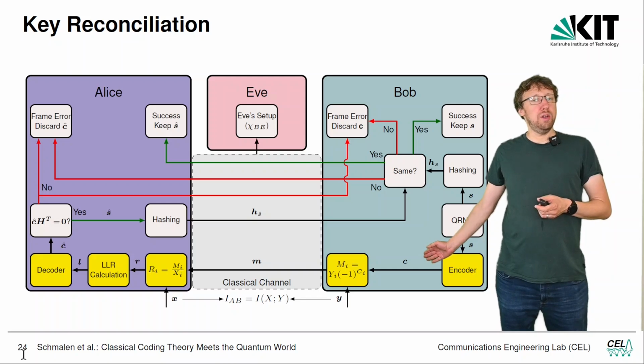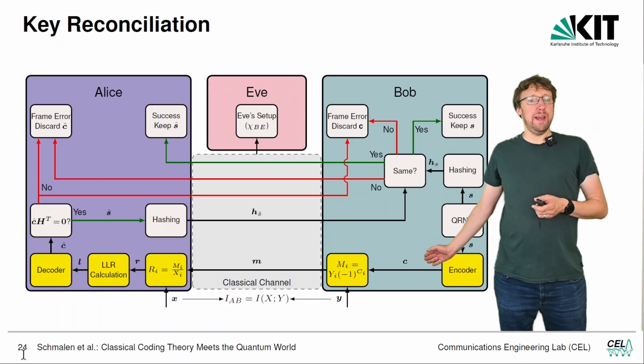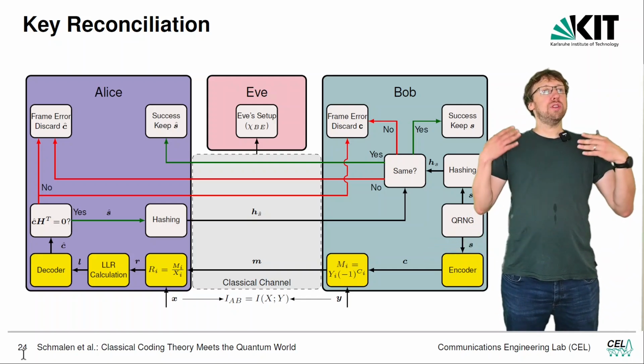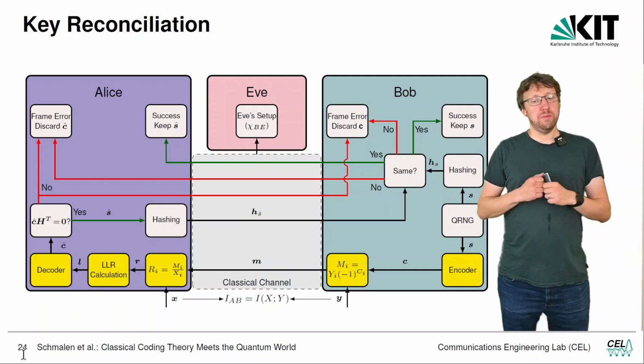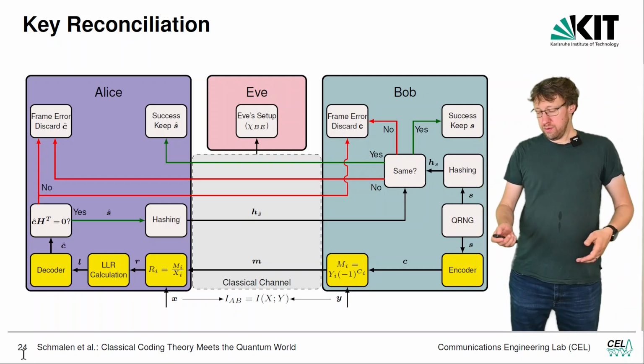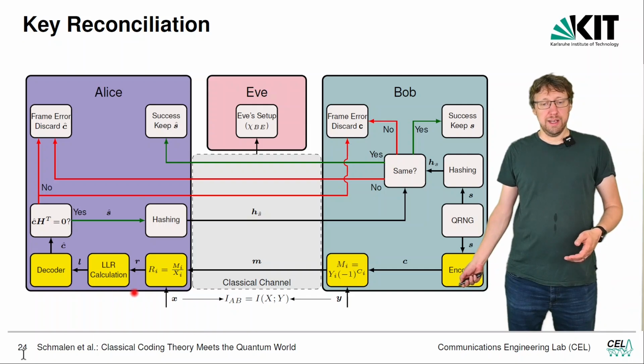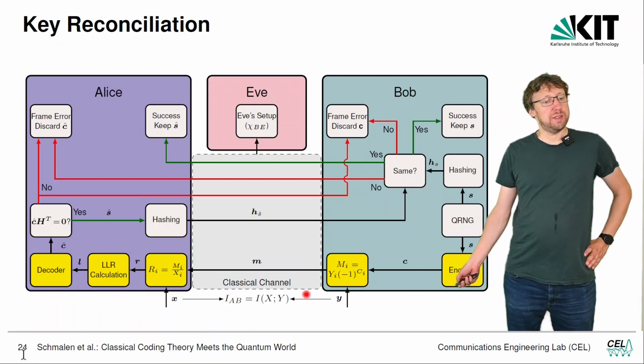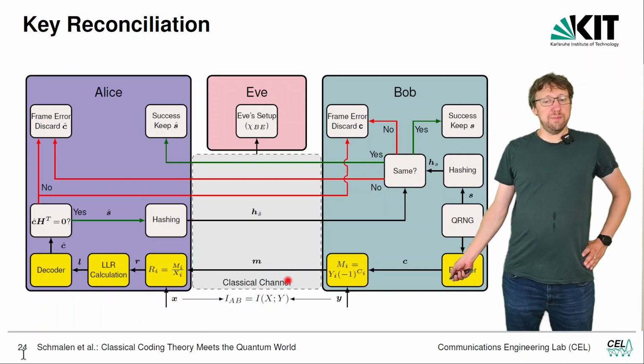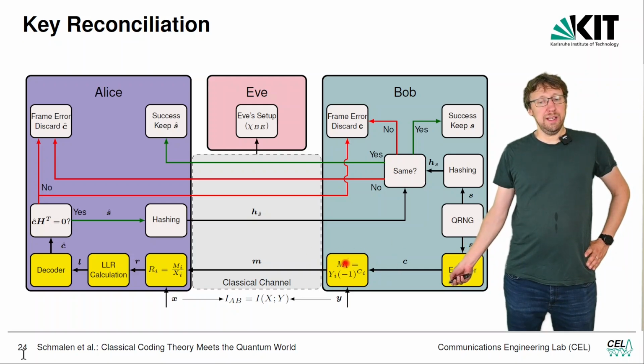Now what we are doing is we modulate this code word onto the received quantum states. So here we transmit the quantum states X and Y, these are the quantum states. So we transmit those and now we modulate the code word onto the quantum states.